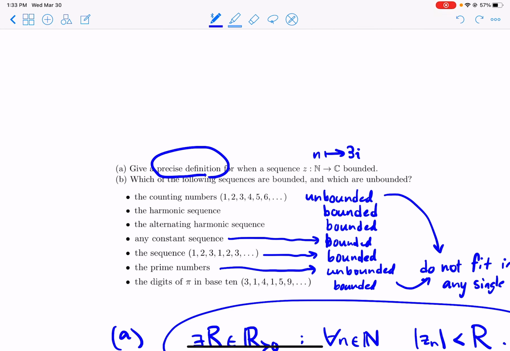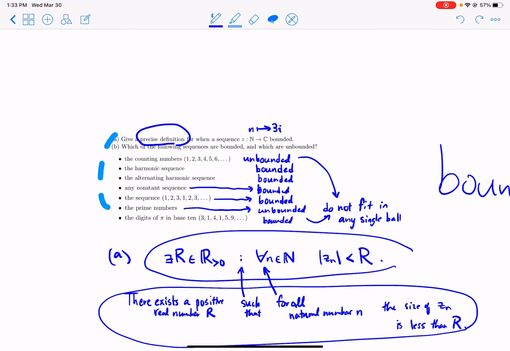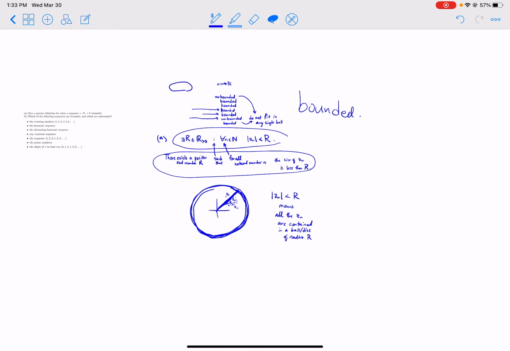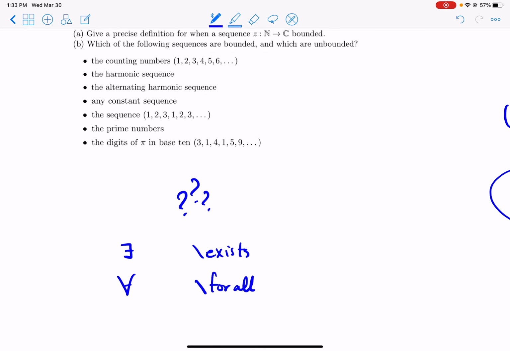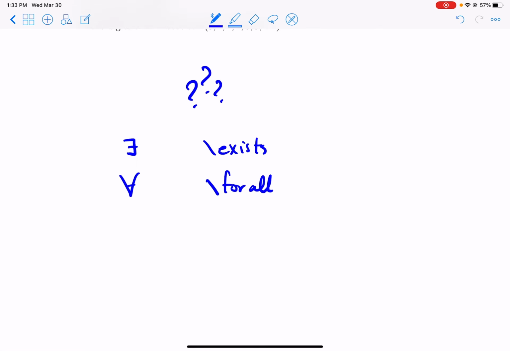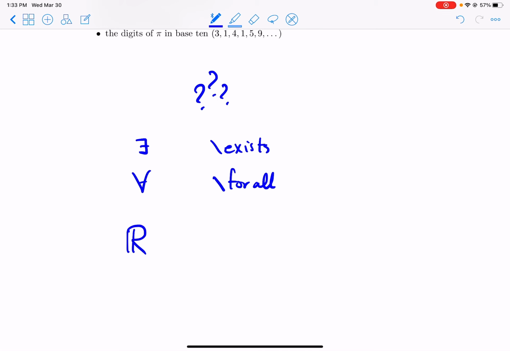Quiz yourself. Go to a blank sheet of paper. And can you answer this? What were those symbols? Math, maybe.